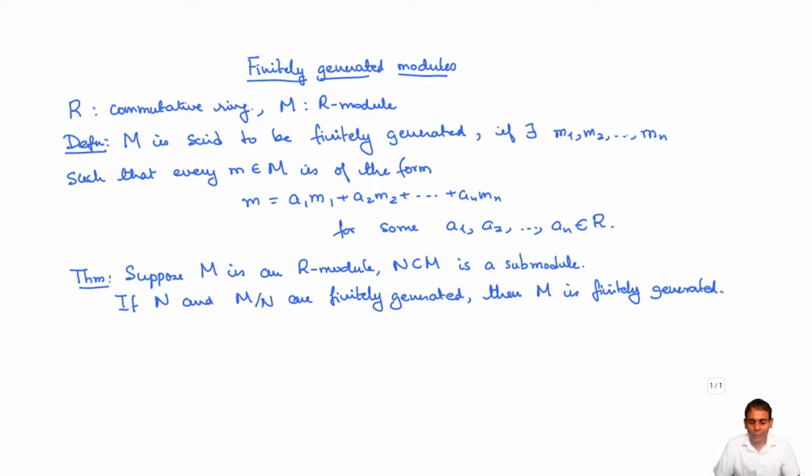The proof of this is not very difficult. You just write down generators of N, generators of M mod N, and somehow using them you construct a finite set of generators for M itself.